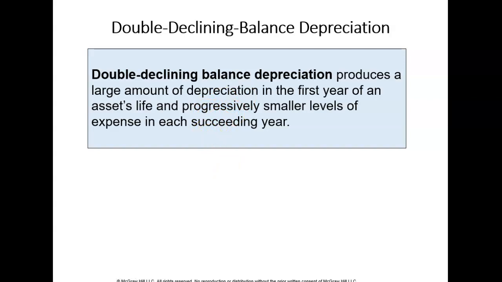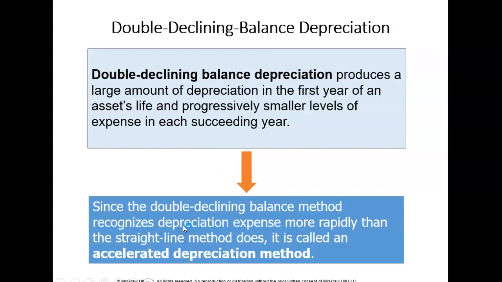The logic is this: when an asset is newer, perhaps it's been used more, earning more revenue. As an asset becomes older, it's been used less, generating less revenue, therefore expense a greater amount in the asset's earlier years and a lesser amount as the asset becomes older.